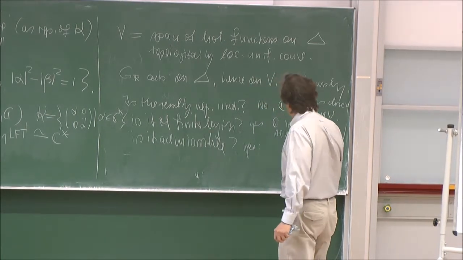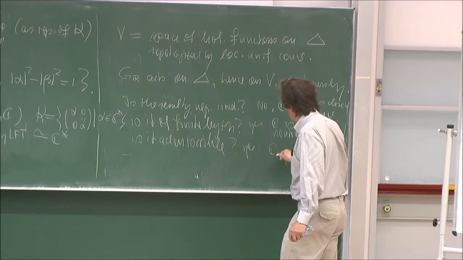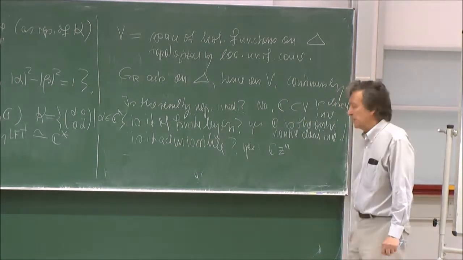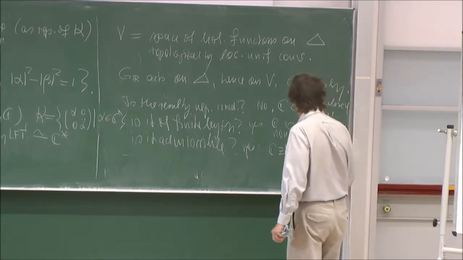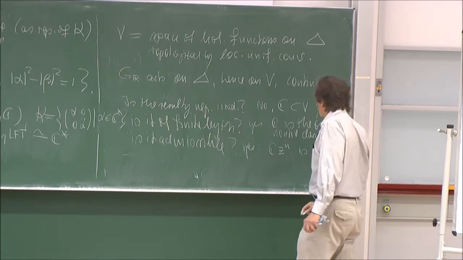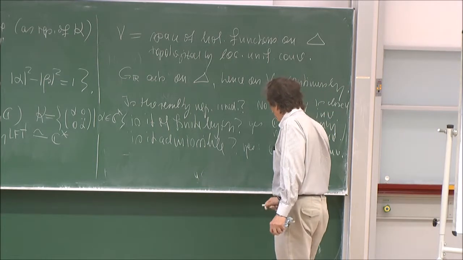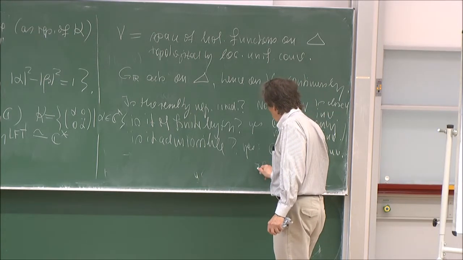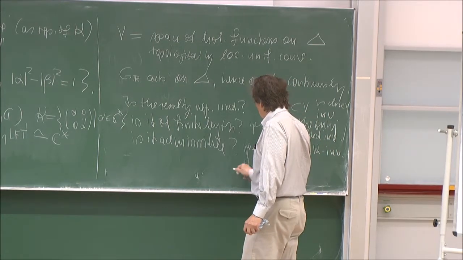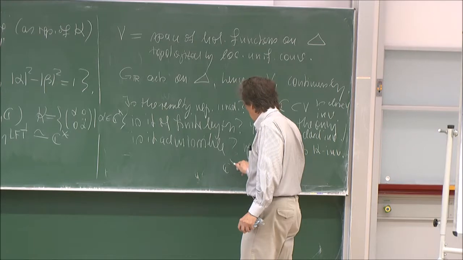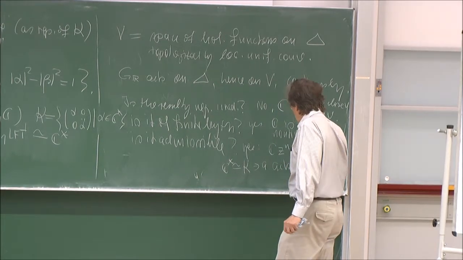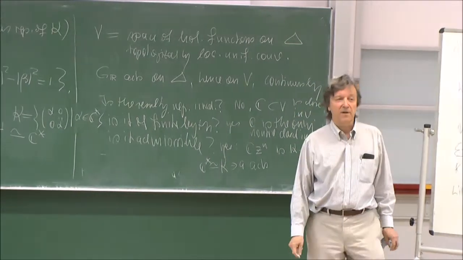And so the point is that if I look at z to the n, this is K-invariant. If I take a in K, which I identify with C star, how does it act on z to the n?